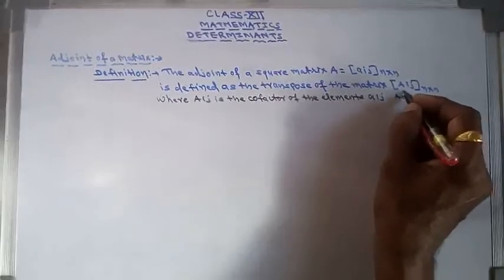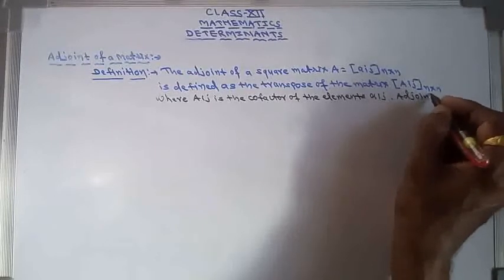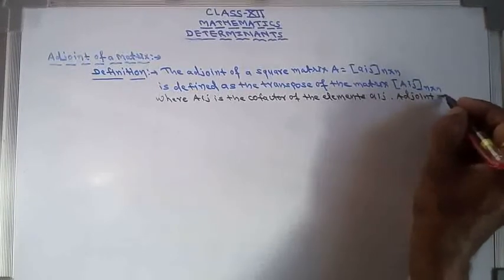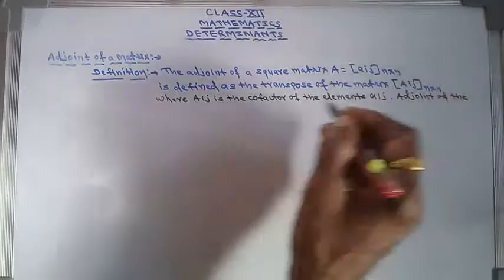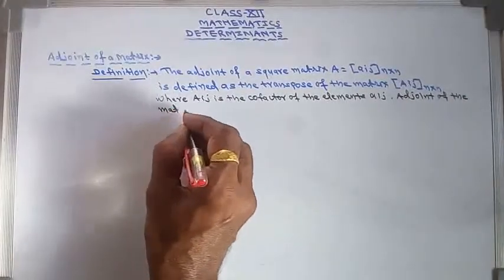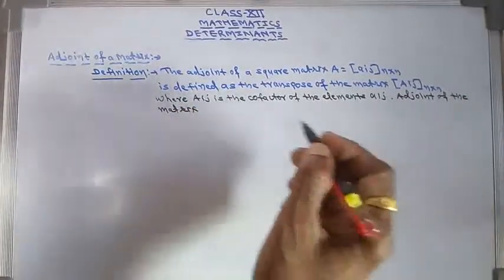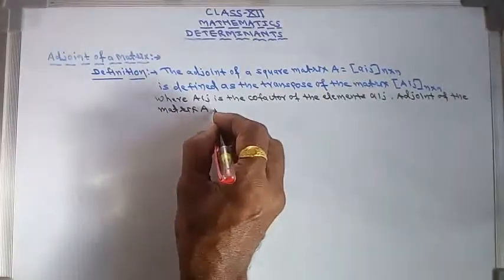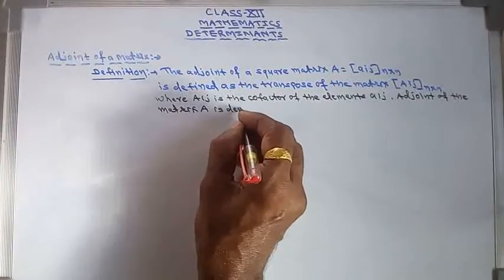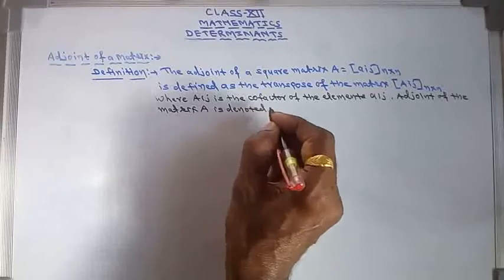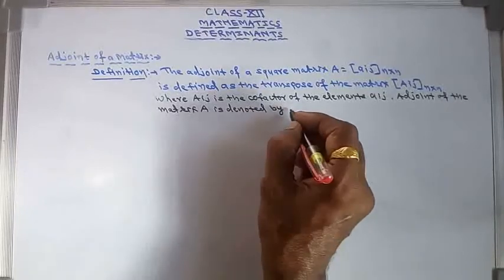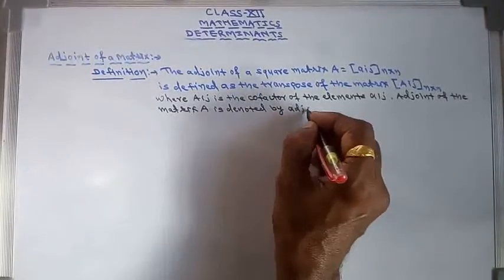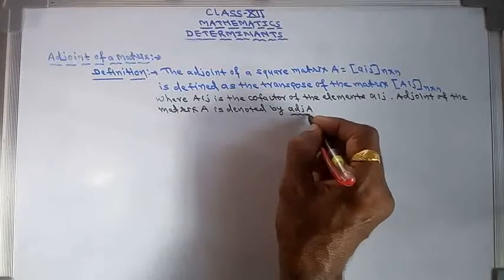Okay, so the adjoint of the matrix capital A is denoted by adj A, that is adjoint of A.